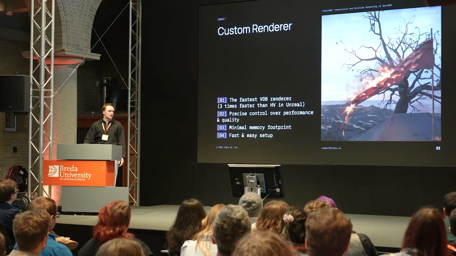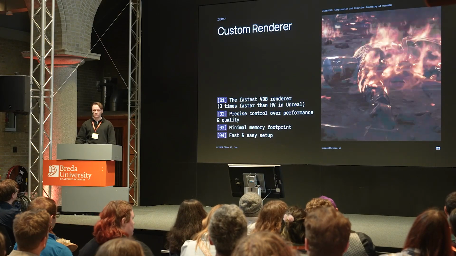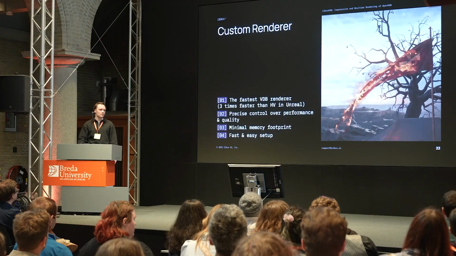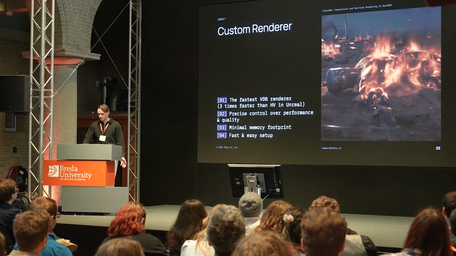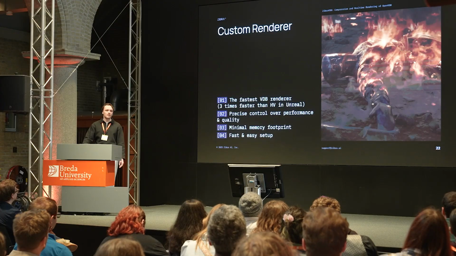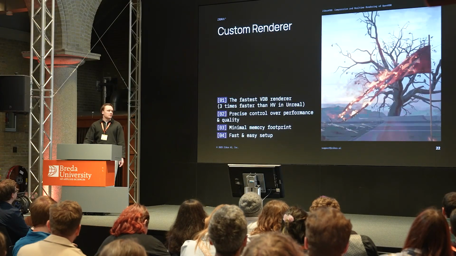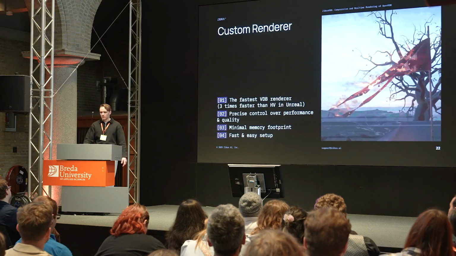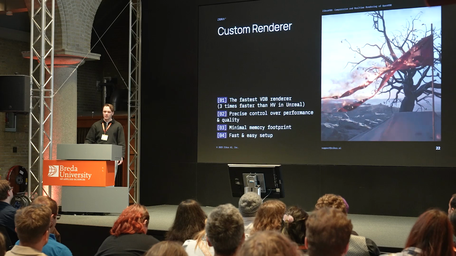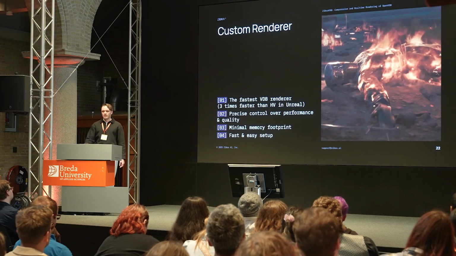And our renderer is much better because it allows you to have full control over your rendering, because in heterogeneous volumes, you cannot control anything. Maybe you have some CVARs that allow you to optimize ray margin, but these CVARs are undocumented, and you can only guess what you can and can't do. In our case, we expose all rendering parameters, and you can optimize the rendering of each effect separately.